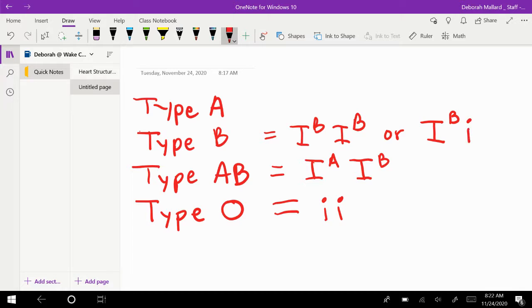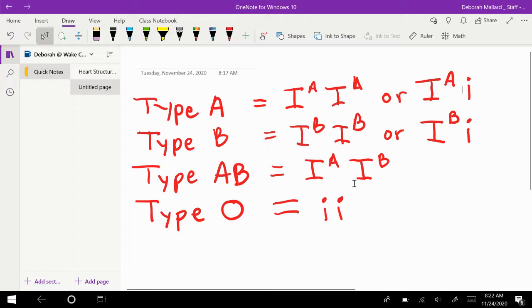All right. For type A blood, we have the same situation. Someone can be homozygous, which means they would be I A I A, or they could be I A, little i, kind of like with type B there. So these are different phenotypes. So people can either be type A, type B, type AB, or O. These over here are the genotypes.